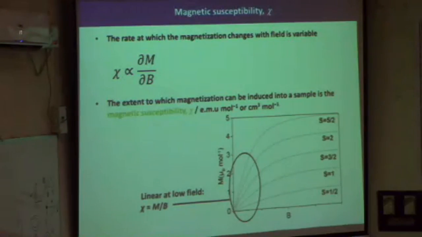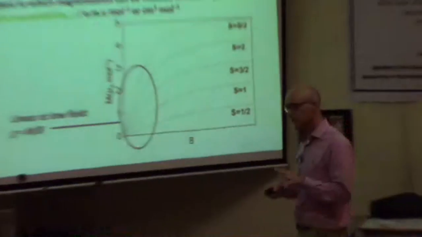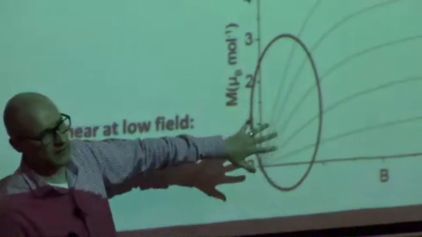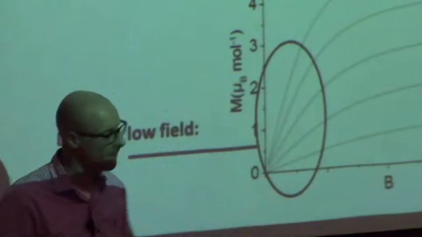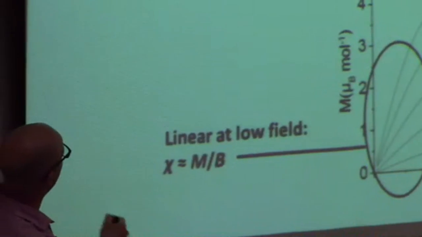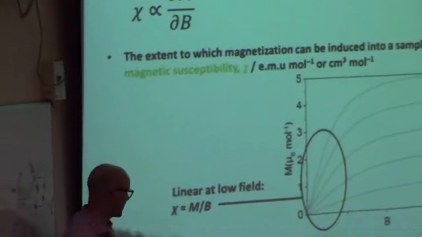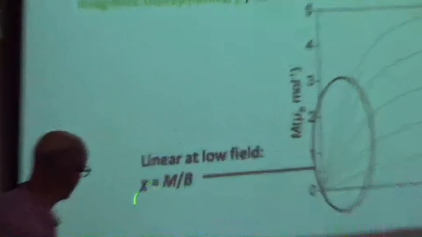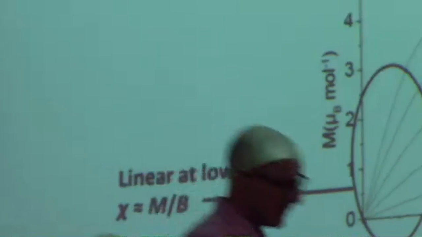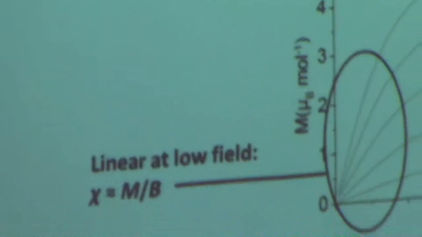So, what you do notice with these magnetisation curves, in very simple cases, is when you're at very low magnetic fields, they look almost linear. Okay, not quite, but close enough. So that this expression, rather than being a derivative, becomes a simple ratio of the two things. Okay, so this is telling you that the susceptibility is not going to change its orientation.